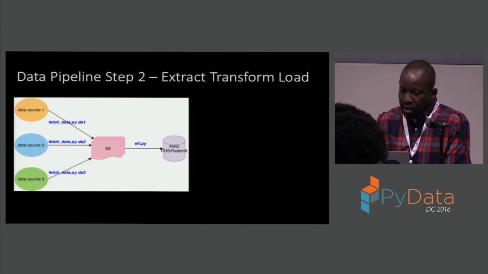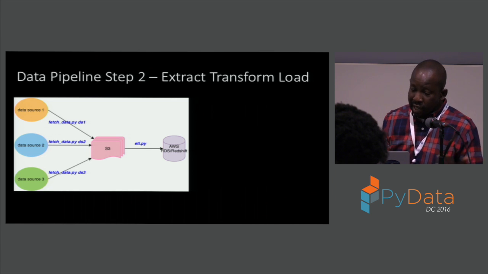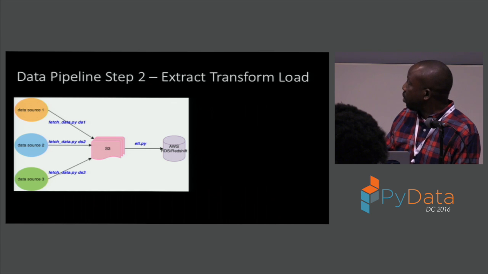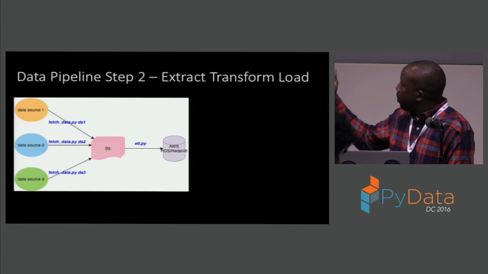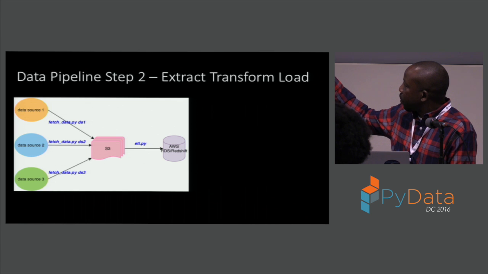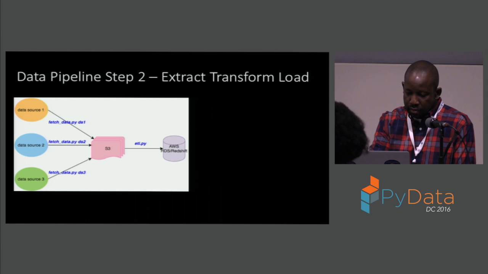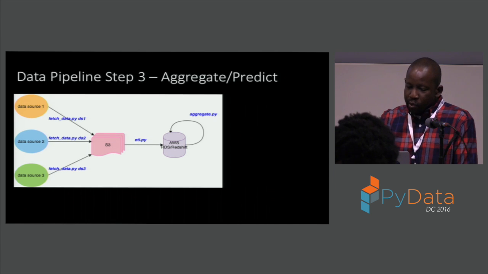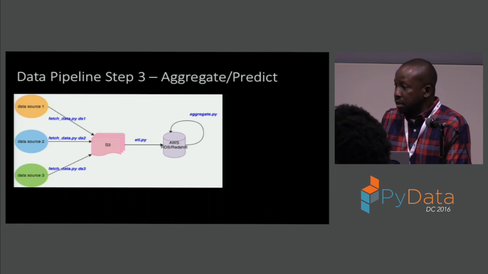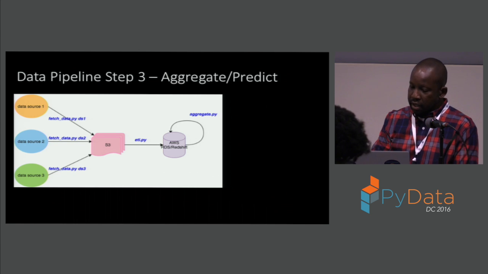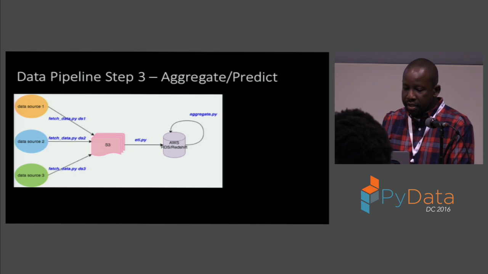So basically, this ETL process, let's say it runs daily, it processes the data and writes it to the database. The next step would be we do some aggregation. So we have the raw data that's essentially written to a database.